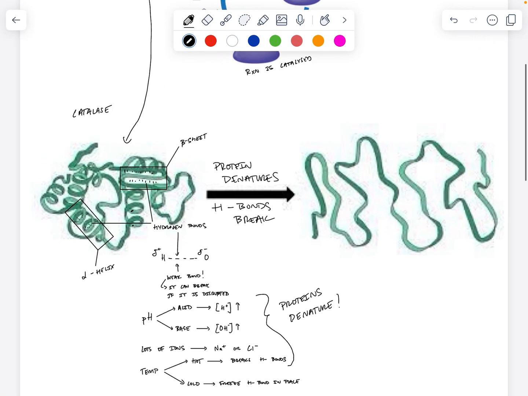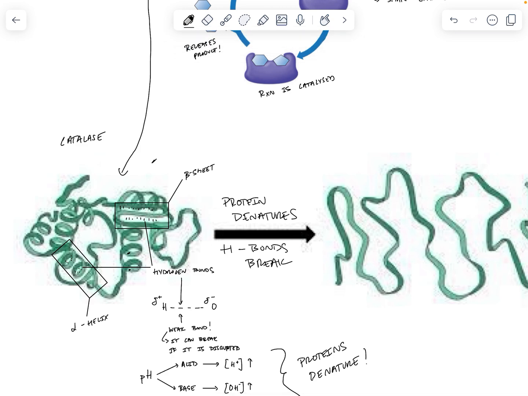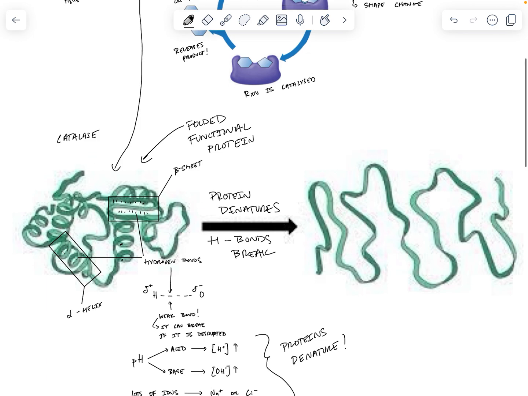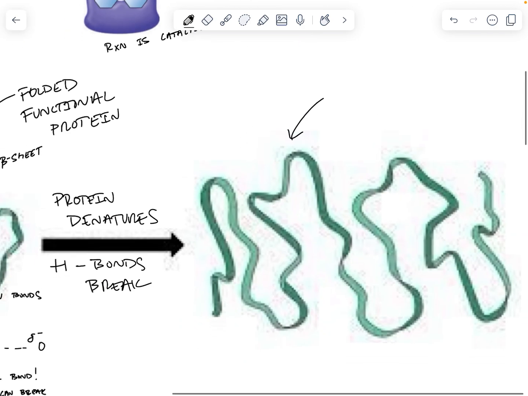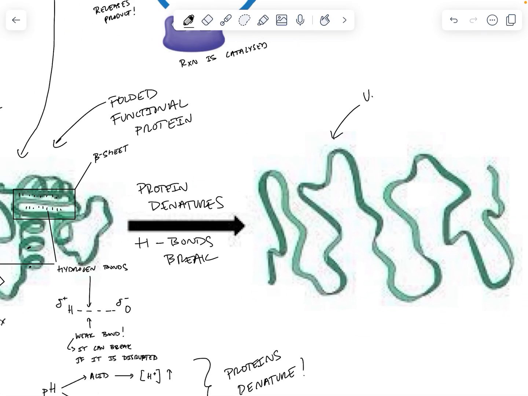And we go from a folded, functional protein to an unfolded, non-functional polypeptide.